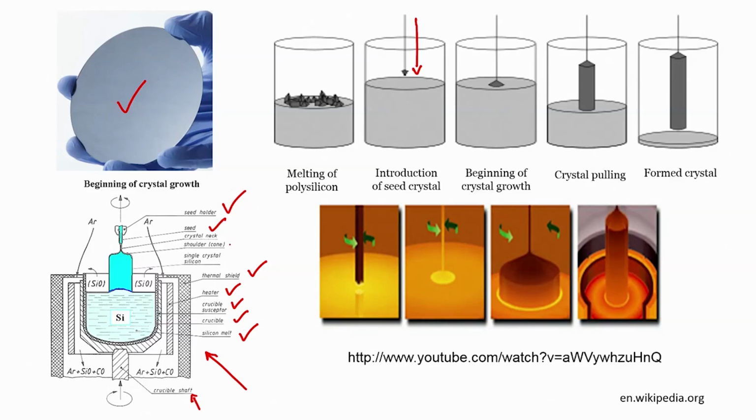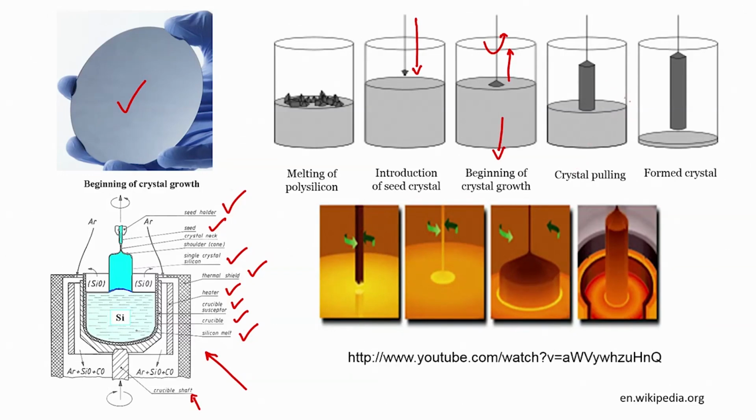Now, when it is dipped and pulled back with rotation, it starts forming a single crystal. The seed crystal is a single crystal; you dip it into the molten polysilicon and start pulling it off with a rotation, and the crystal starts growing. This is the beginning stage of the crystal.